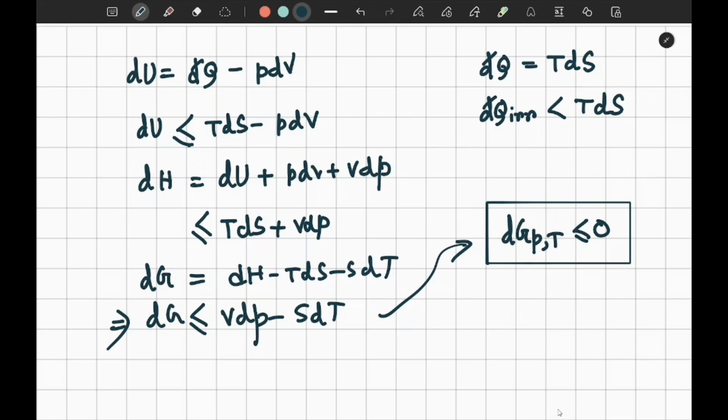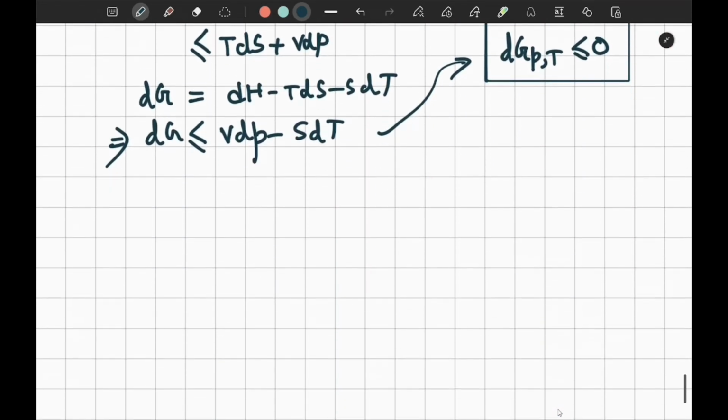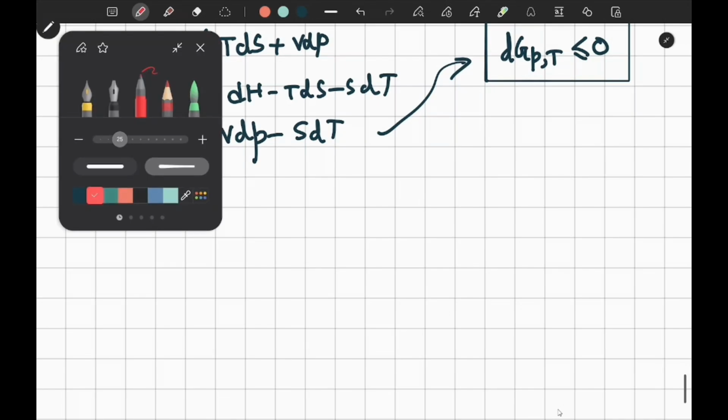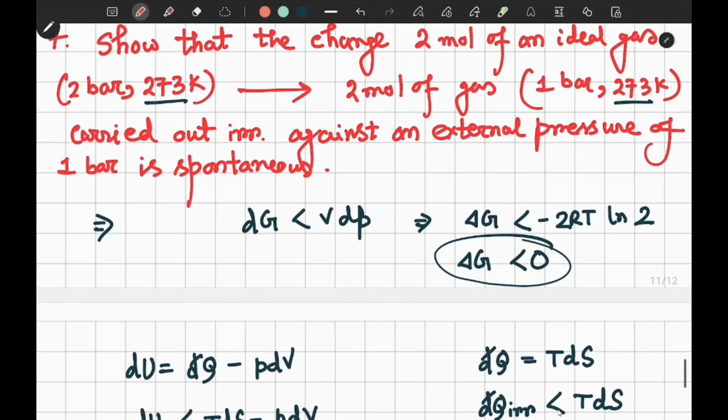And here you can see it's a negative value. How? Because for irreversible, there will be a negative sign. So it's obviously a less than 0 quantity. That does not mean, if it is a positive term, then you can say whether it's spontaneous or not.